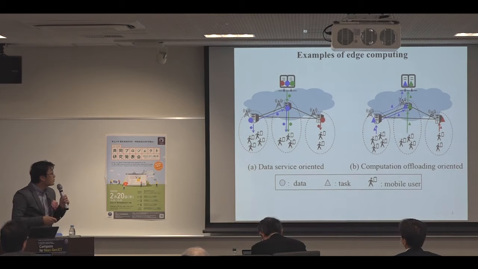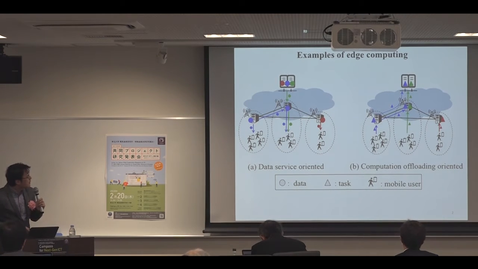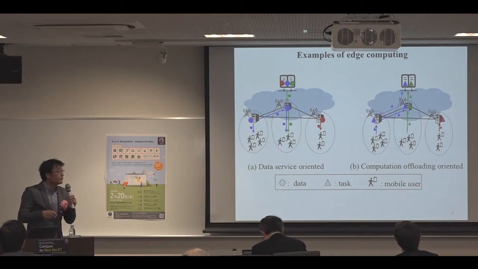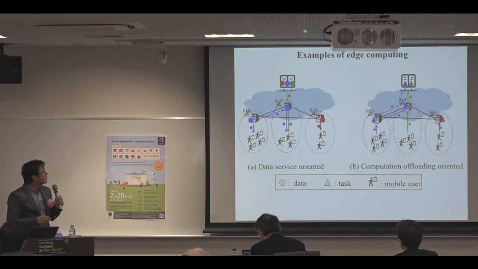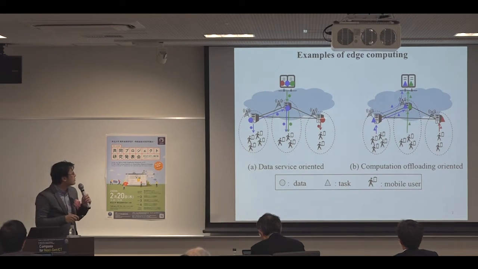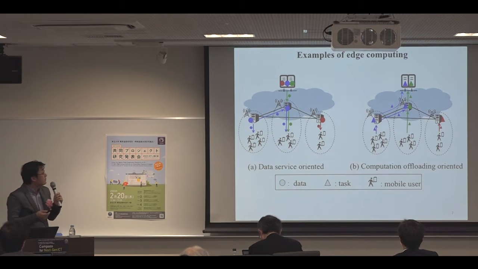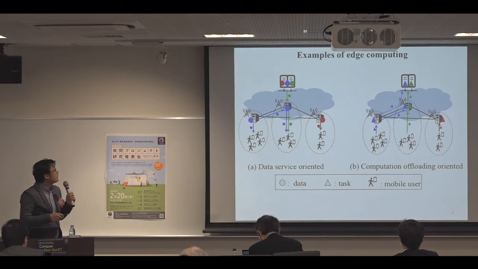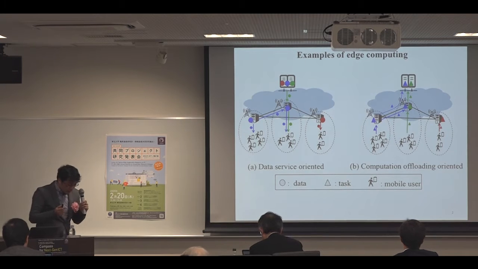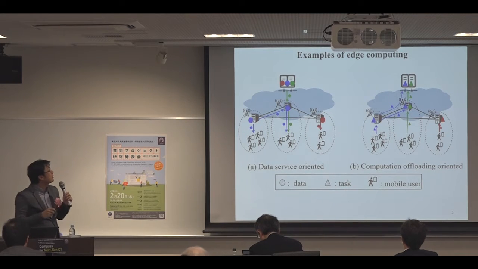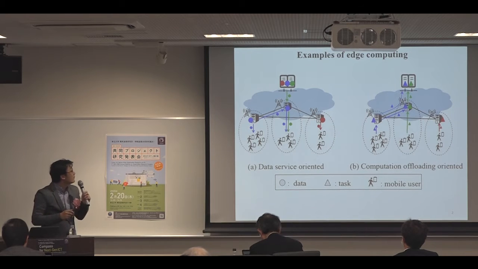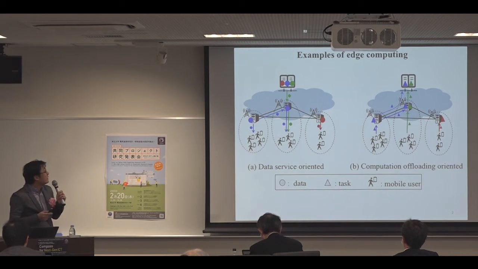Here are two examples of how to use mobile edge computing in everyday life. For example, in a data service-oriented scenario, mobile users can download some contents from the base station. But actually, the contents are from some original content providers such as YouTube and Netflix.